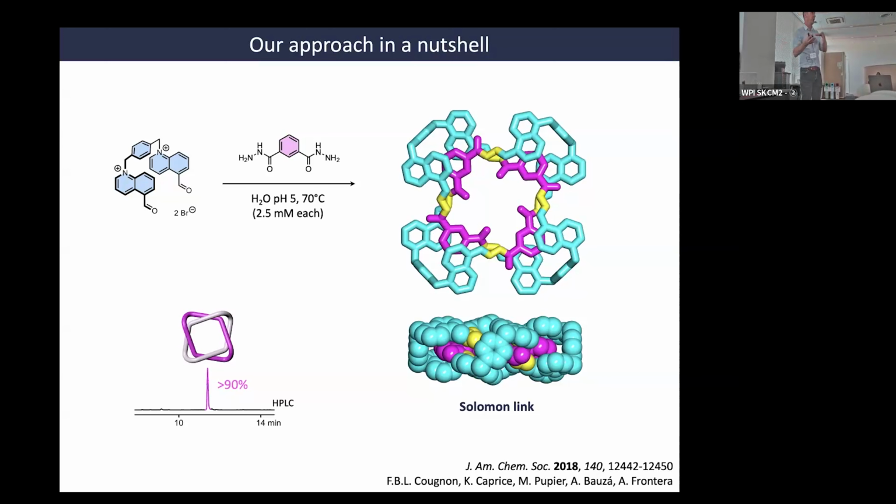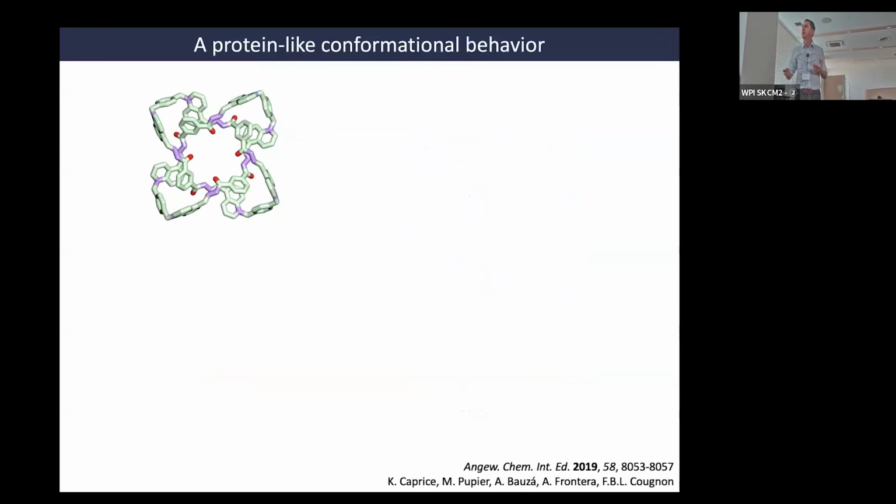But when you dissolve it in different solvents, of course, things change. In acetonitrile, for example, that's a solvent of medium polarity. It's clearly not as polar as water, and therefore the Solomon link can change conformation. What we observed is that in acetonitrile, it opens up a bit like a flower that blooms.